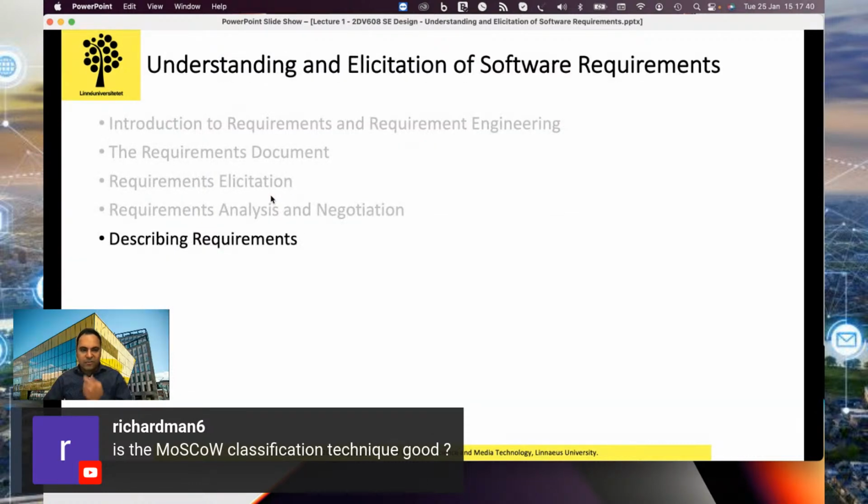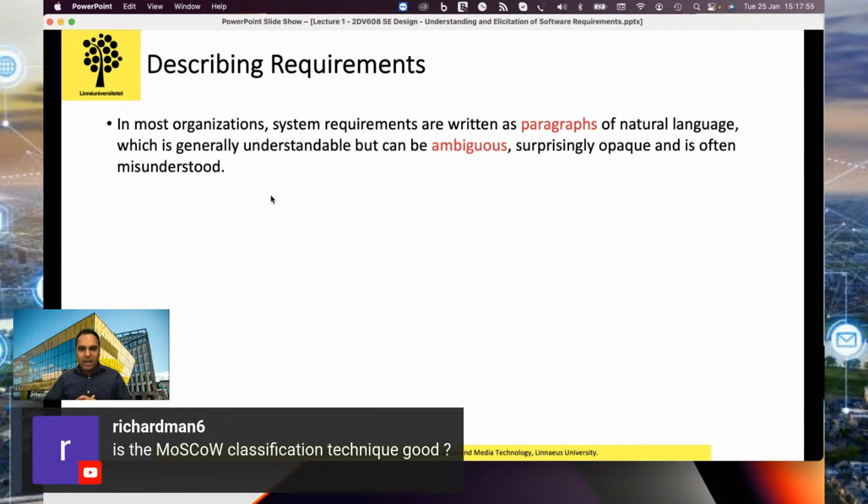And that's the final part. We are now in the final part of the lecture. I know we are also running out of time, but let me quickly go through this part, how we can describe requirements. We should describe requirements in a way that is not ambiguous and is understandable, because most of the time requirements are described using natural language.